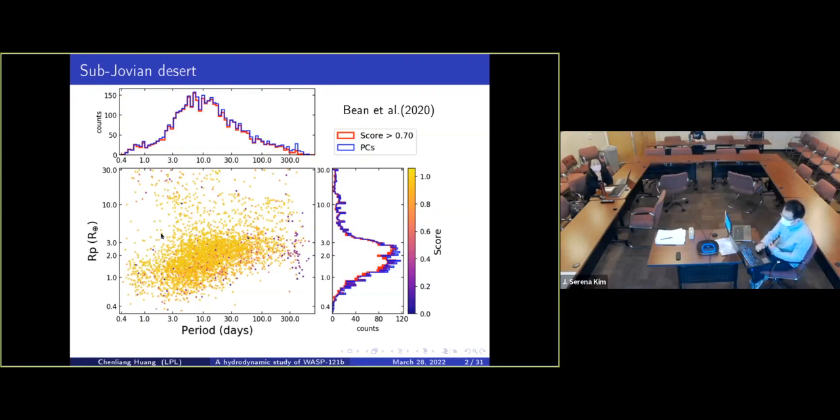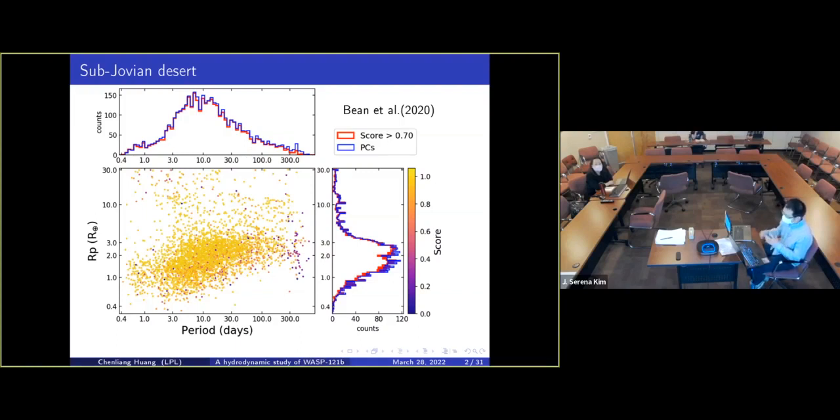One to notice is the subtropical desert with the short period planets and a couple of Earth radii over here. Another is in the radial distribution. There is a small dip at about 1.8-ish Earth radii. There are several explanations for that. For example, there are photoevaporation, core powered mass loss, initial gas accretion, etc.